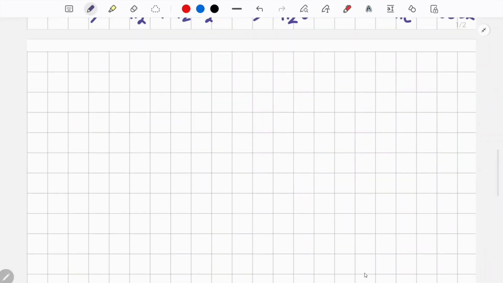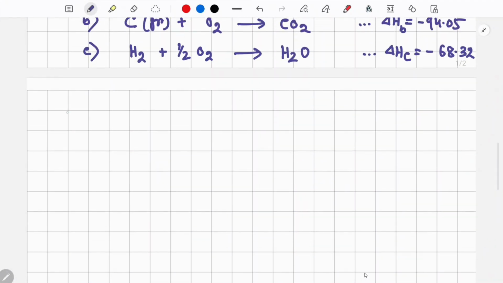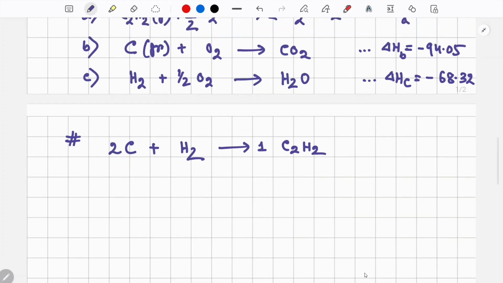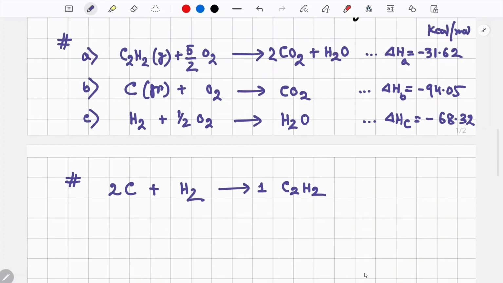So what is the heat of formation for C2H2? Which reaction will suggest? You have to formulate 1 mole of C2H2 from carbon and hydrogen. So you have to consider this reaction, right? So how can you make this final reaction from A, B and C?